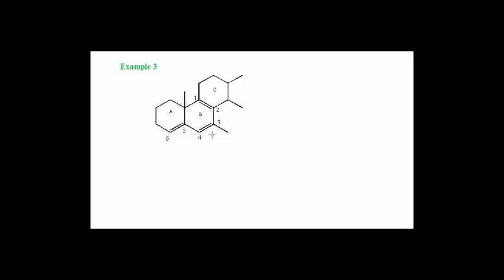Well, in a case like this, we want to choose the diene with the highest base value. The base value for these heteroannular double bonds is 214. The base value for the homoannular diene is 253. So the correct diene to choose as our base value is the 2 double bonds here in ring B, and that would be 253.